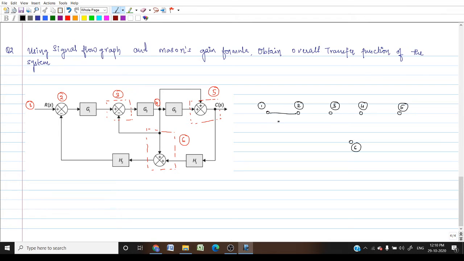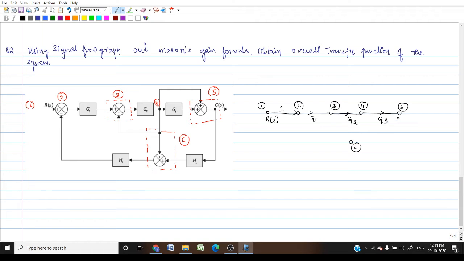So from 1 to 2 we are giving signal R of S. So this we'll take as 1. And from 2 to 3 we have G1. So this is G1. 3 to 4 we have G2, and 4 to 5 we have G3.